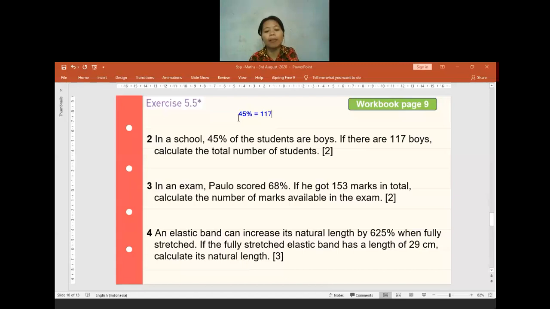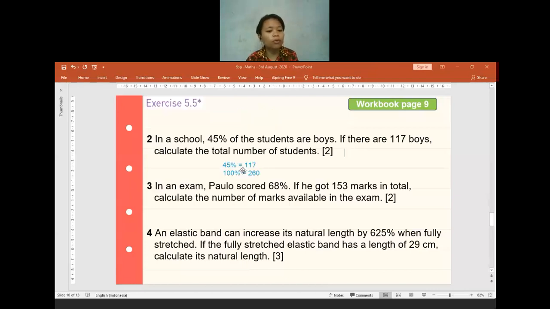If it is the total number, it means the total percentage, the original, which will be equal to 100%. Anyone want to help me find how many students 100% will be equal to? 260. Is there anyone who is confused about getting 260?